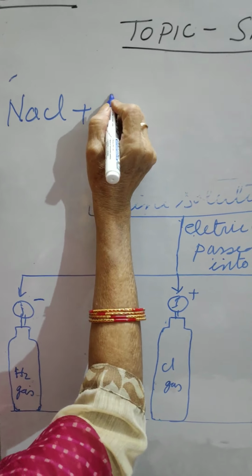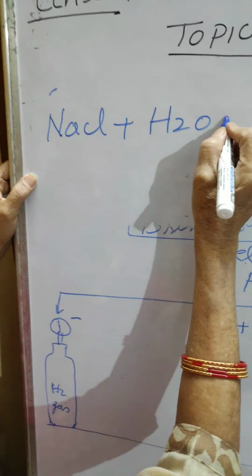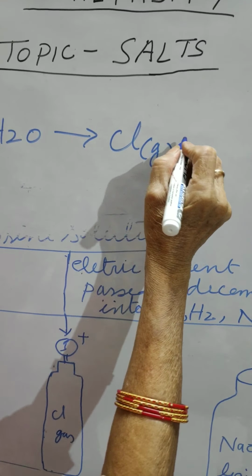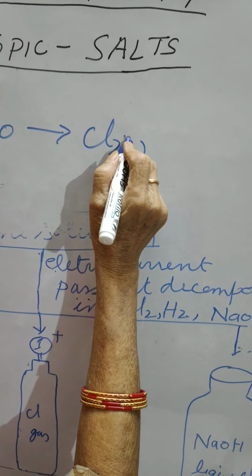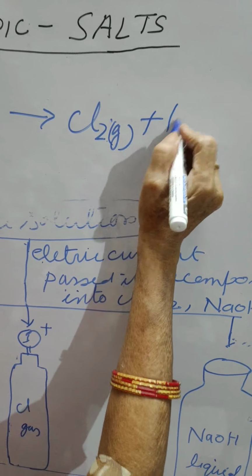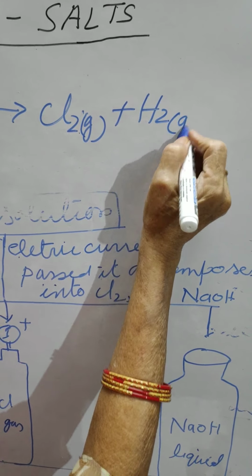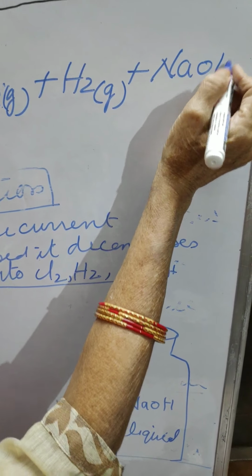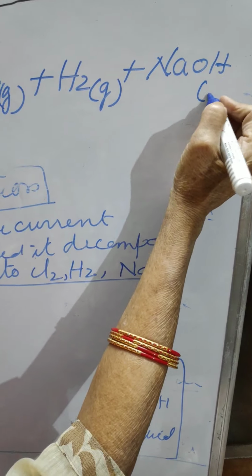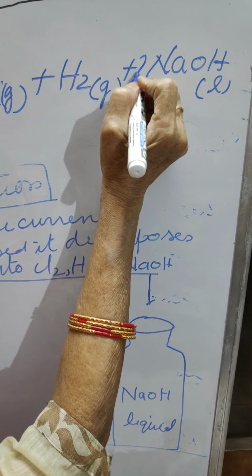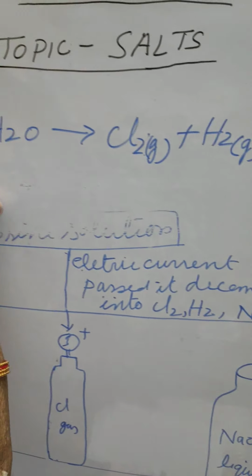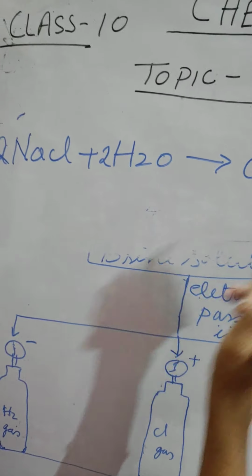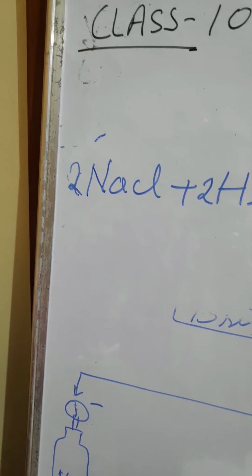NaCl plus H2O gives chlorine gas plus hydrogen gas plus NaOH liquid. This is the balanced equation. Now it is clear.